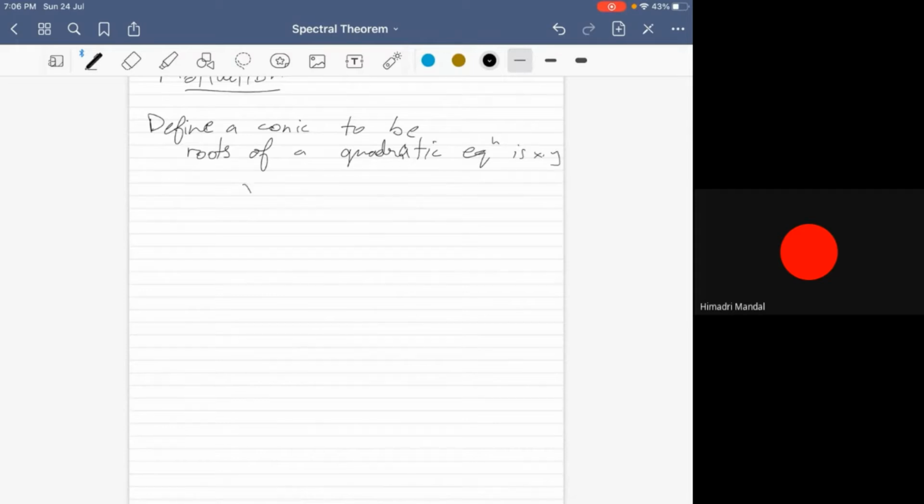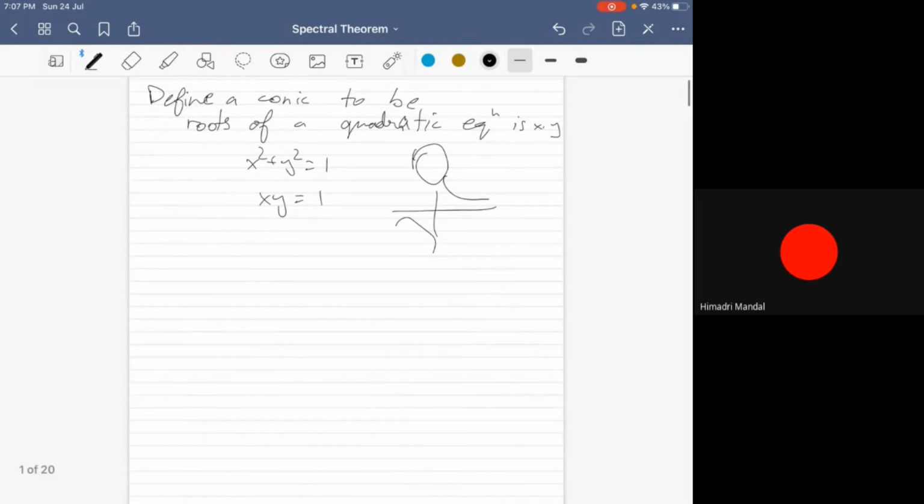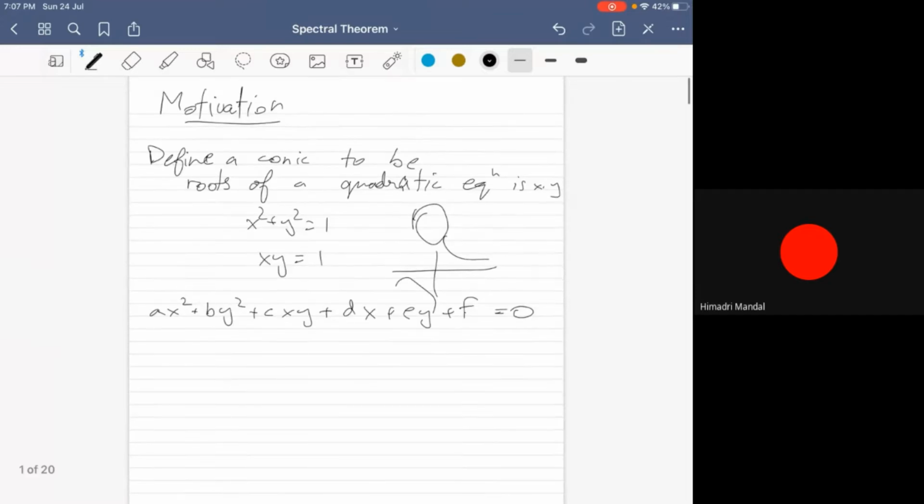For example, this would be a circle, and something like this would be a hyperbola. And in general, any degree 2 equation in x and y, the roots of this would be called conics.